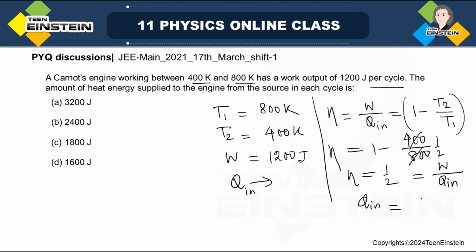Heat input is 2 into W. W is given as 1200 joule, so it will be 2400 joule. The heat energy supplied to the Carnot engine in each cycle is 2400 joule, and option B is the correct answer for this question.